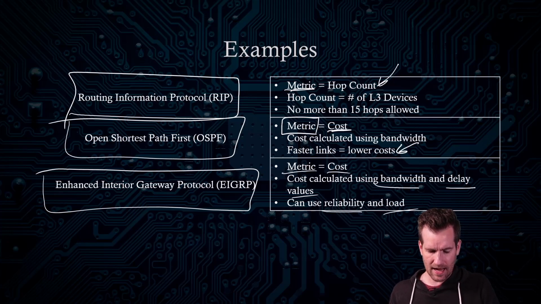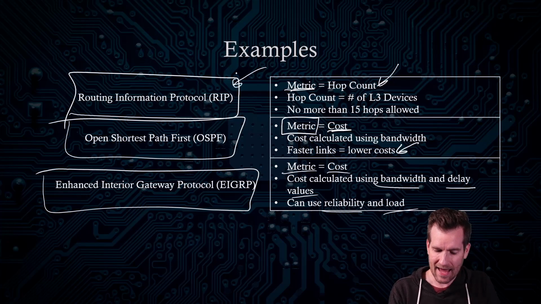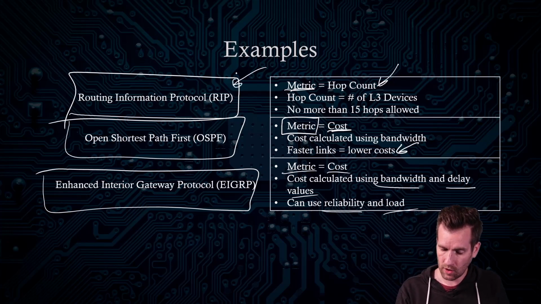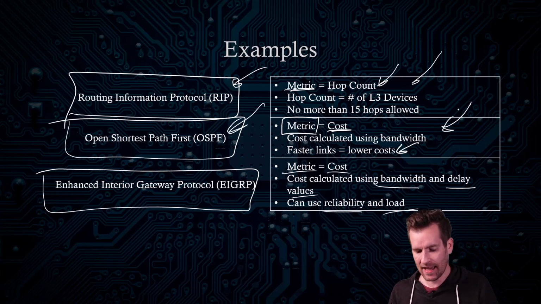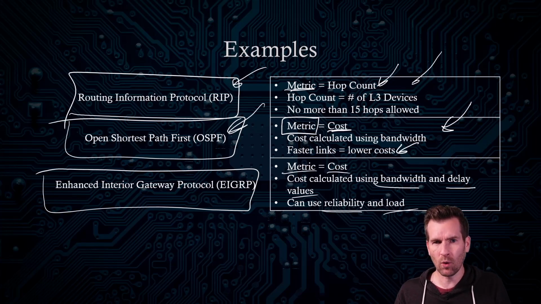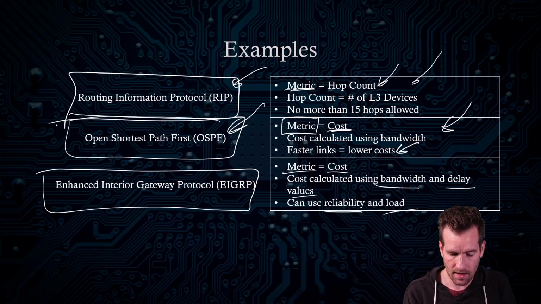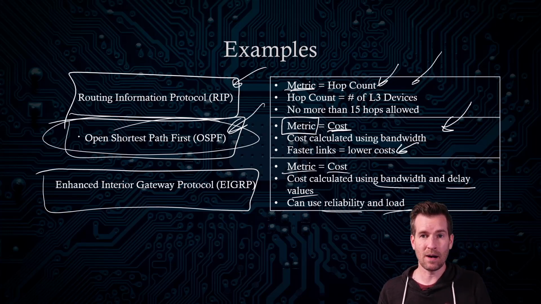So in this chapter we're going to talk a little more about RIP and some of the advantages of RIP, and we're going to get in depth into OSPF and what the cost is and how to calculate it. A good portion of this is going to focus on OSPF because that's primarily what you're going to see on the CCNA.